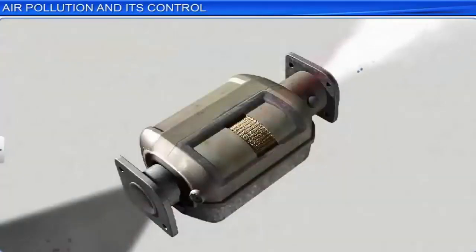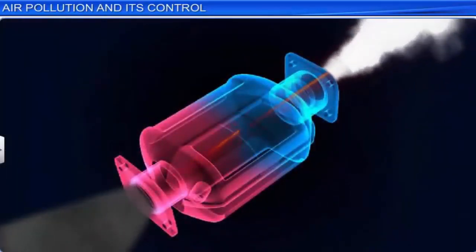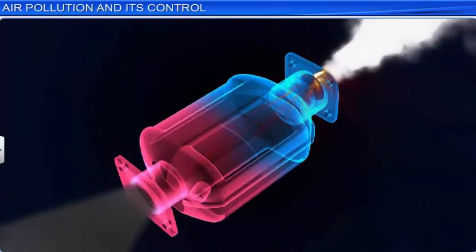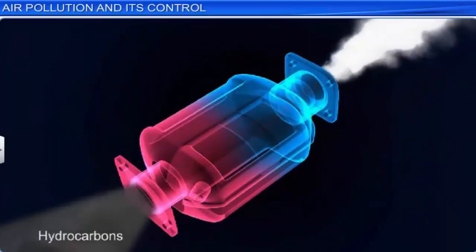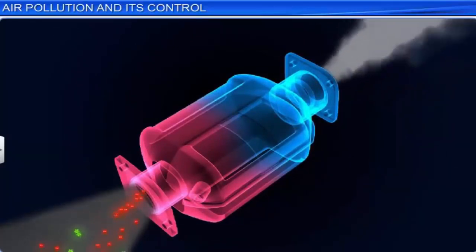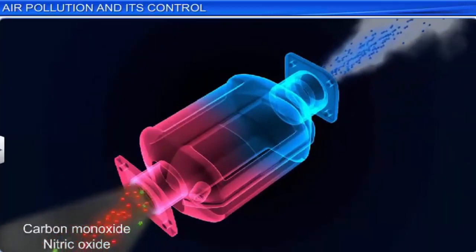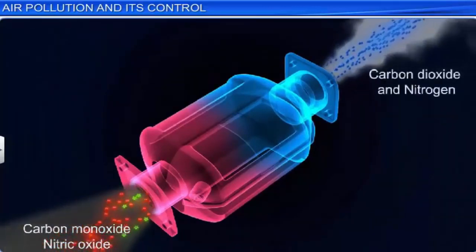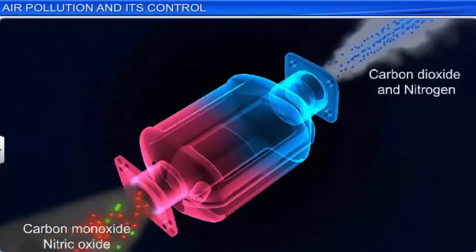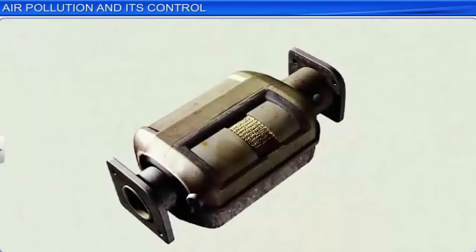When fitted into vehicles, a catalytic converter changes poisonous exhaust gases such as unburnt hydrocarbons into carbon dioxide and water. Likewise, carbon monoxide and nitric oxide are converted into carbon dioxide and nitrogen gas respectively. Catalytic converters thus reduce the emission of poisonous gases.